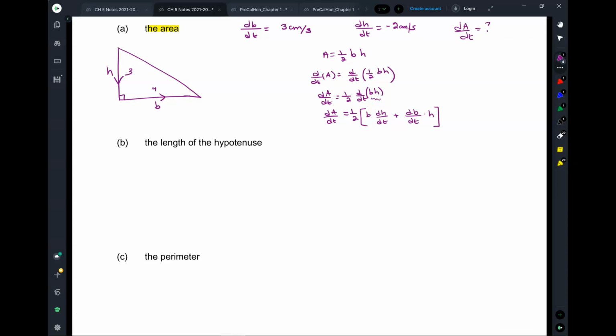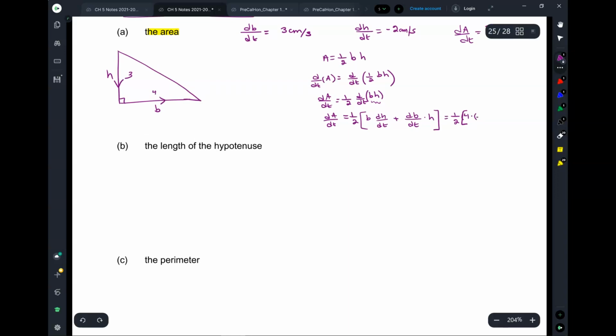Now that I've taken a derivative, I need to substitute all the quantities that I have. Do I know what B is? It's 4, right? So I say this is equal to half times 4. What's dH/dt? -2, plus dB/dt is 3.